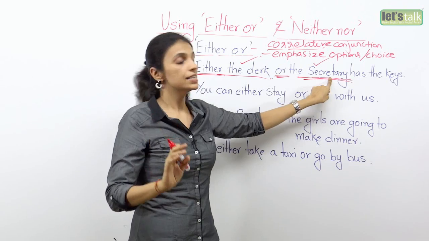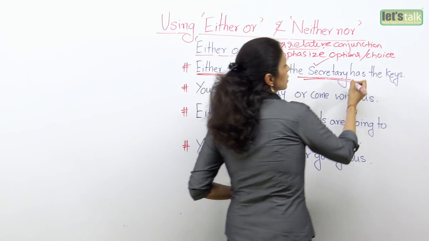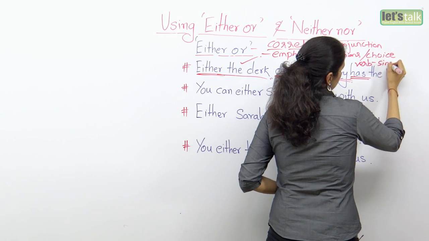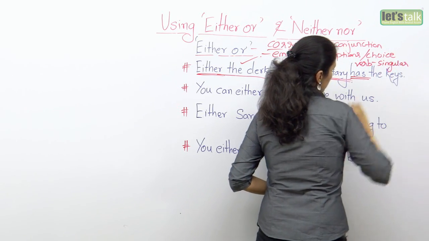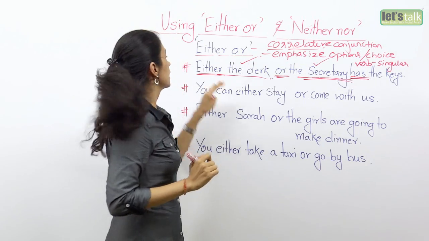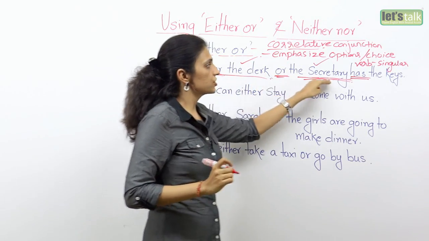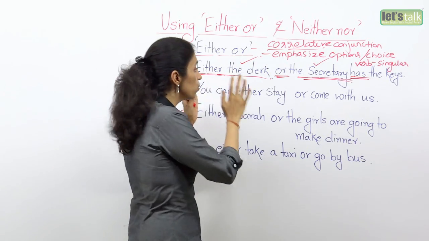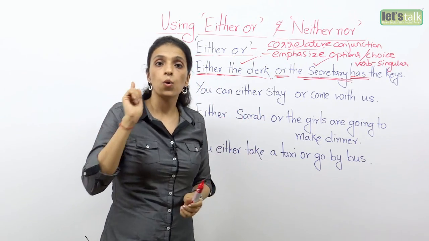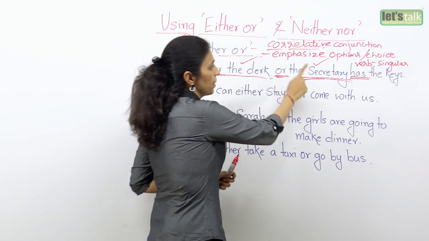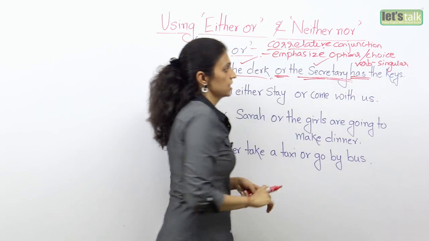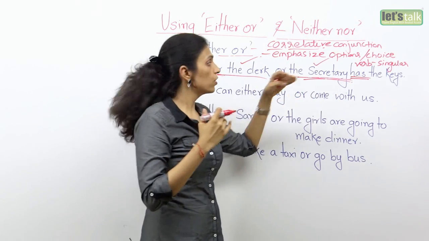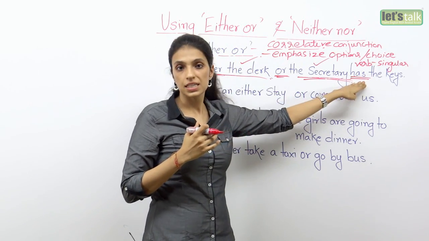In my case it is singular, so I use has. I cannot say either the clerk or the secretary have. That is absolutely incorrect, because both do not have the keys. One of them has the keys. Because secretary is singular, the verb that follows it immediately will be a singular verb.